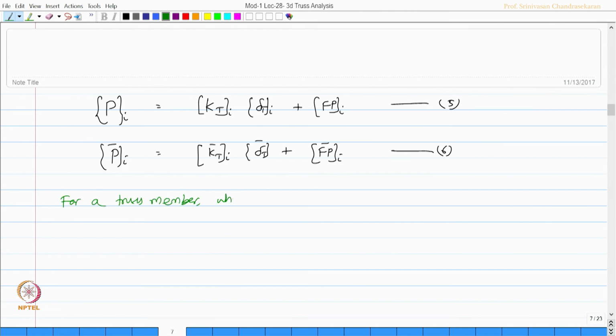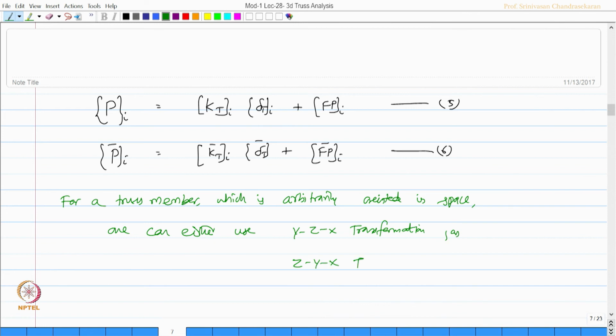which is arbitrarily oriented in space, one can either use YZX transformation or ZYX transformation.